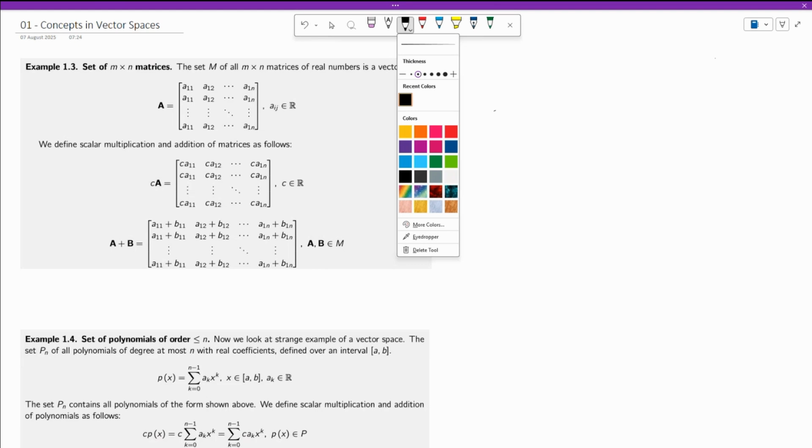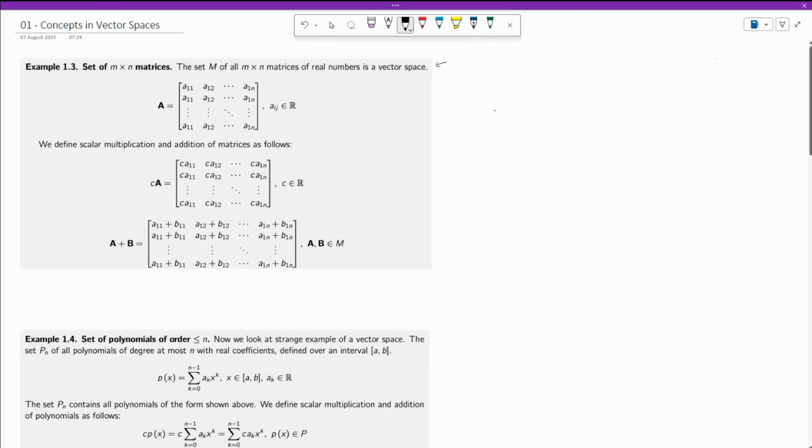Yeah, so a vector space is a set that is closed under vector scaling and vector addition.